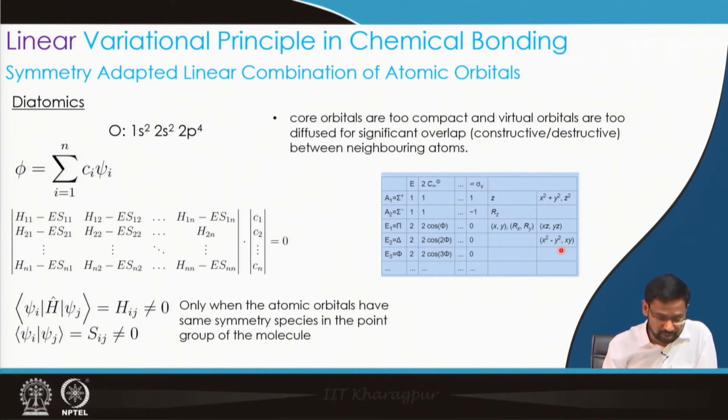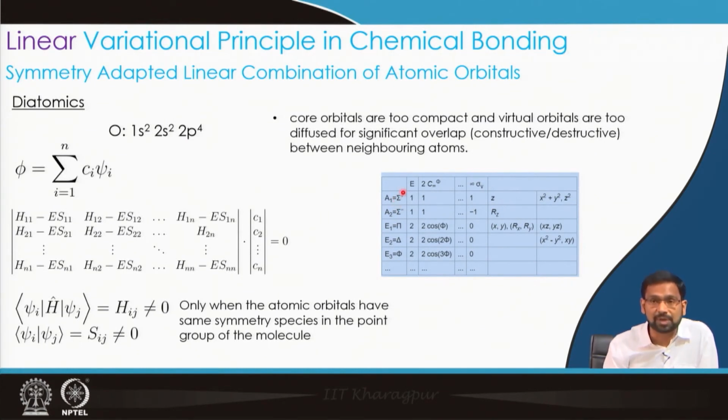Now, from here we found out that if I consider, let us say, oxygen or carbon monoxide, so I have 2s, 2px, 2py, 2pz. So, I see 2s, the totally symmetric, it has spherical symmetry.